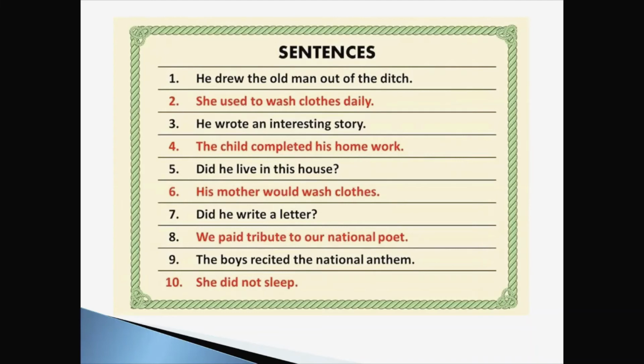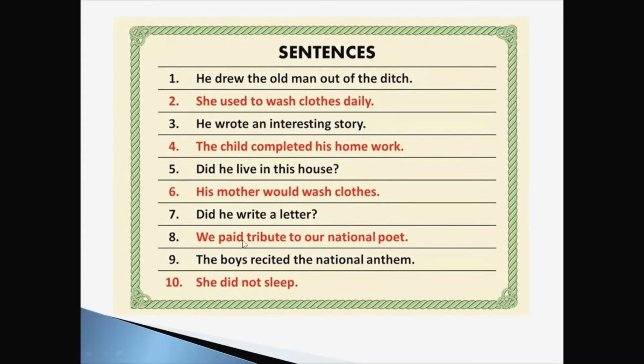Third one is, he wrote an interesting story. What did he write? He wrote an interesting story, because it's past and in the simple form. Next one, the child completed his homework. Completed, again V2. See here: drew, used, wrote, completed. All these are V2 forms.